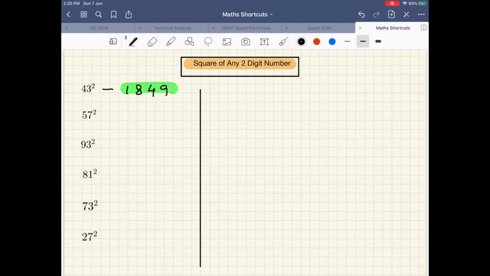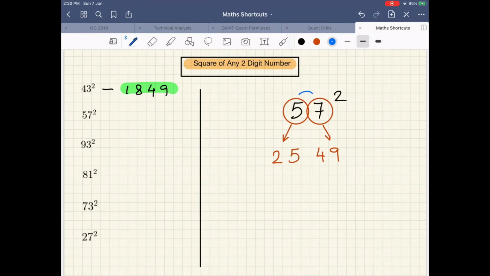The next number is 57 square. So firstly, 5 square is nothing but 25. Then we take the square of 7, which is nothing but 49.